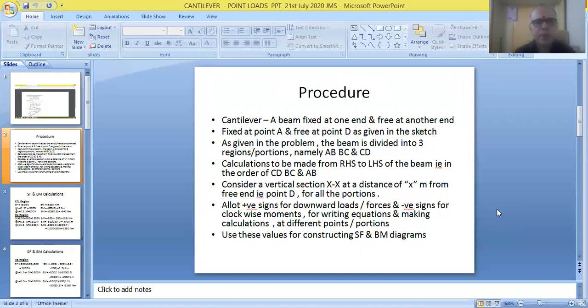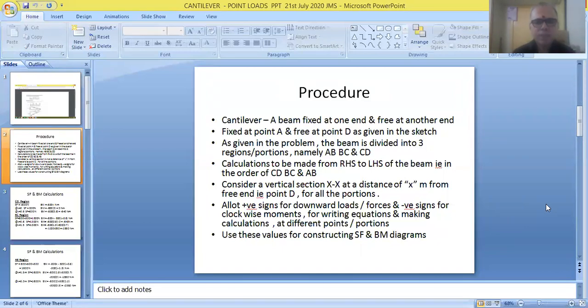We have already noted down the definition of the cantilever.